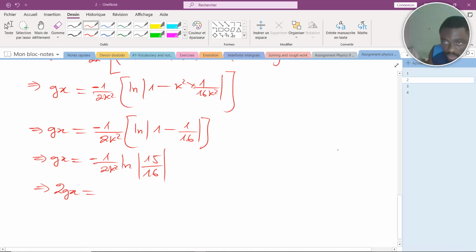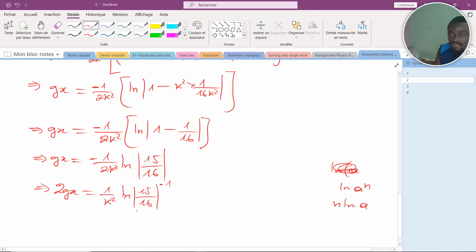Recall that ln of a to the n is equal to n ln of a. So I'll bring this minus 1 as a power. So this becomes 1 on k squared ln of the absolute value of 15 on 16 raised to the minus 1.